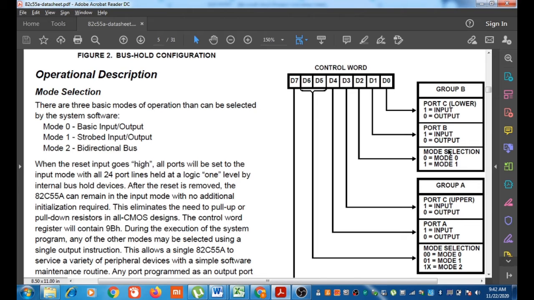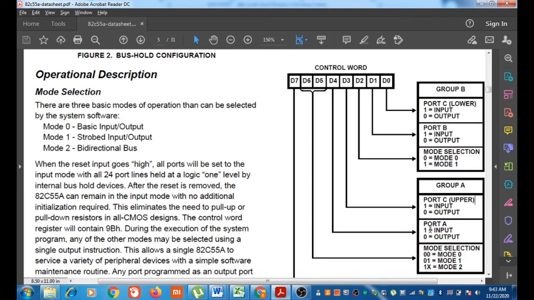See this side. These ports are grouped into two, group A and group B. Port A and the upper part of C are in group A. Upper part of port C is PC4 to PC7.